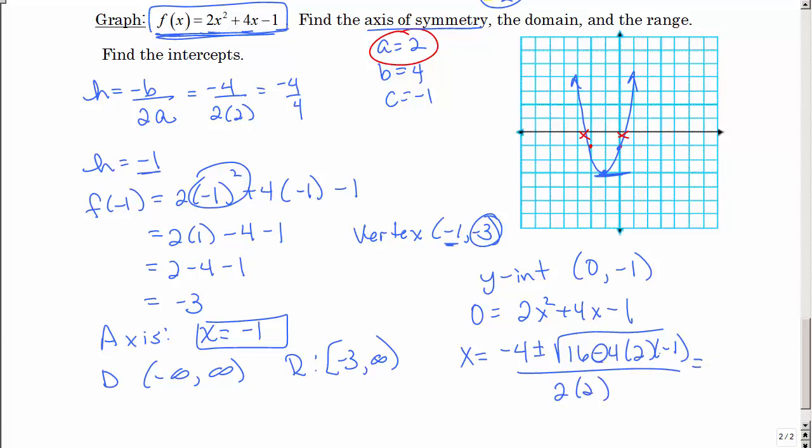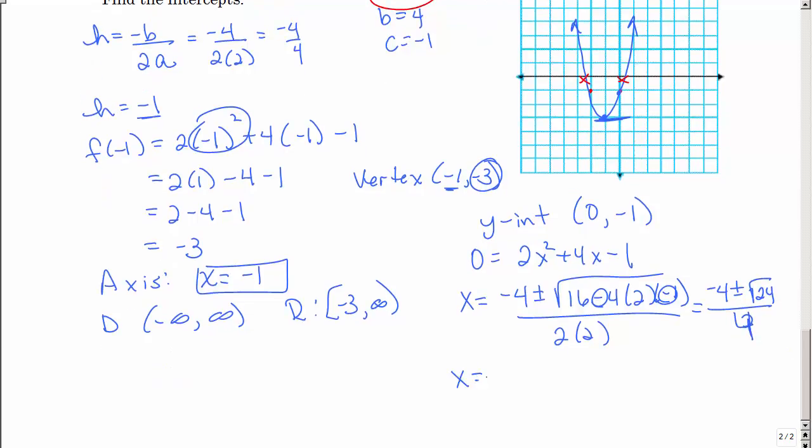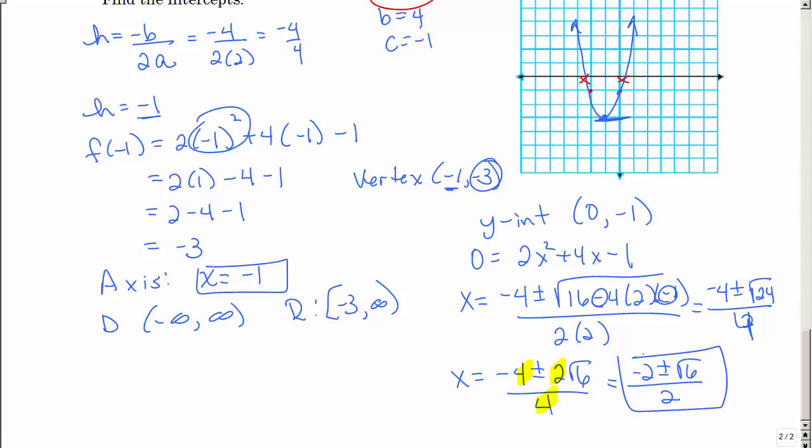So this time I have two negatives, so that's positive, so that's 16 plus 8, which would be 24, over 4. So simplifying the square root of 24, I can take out a 2 and leave a 6. Now, what are these all three divisible by? They're divisible by 2. And those would be my x-intercepts.